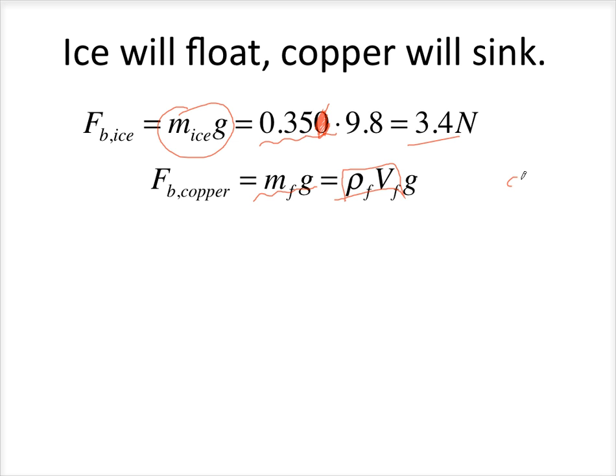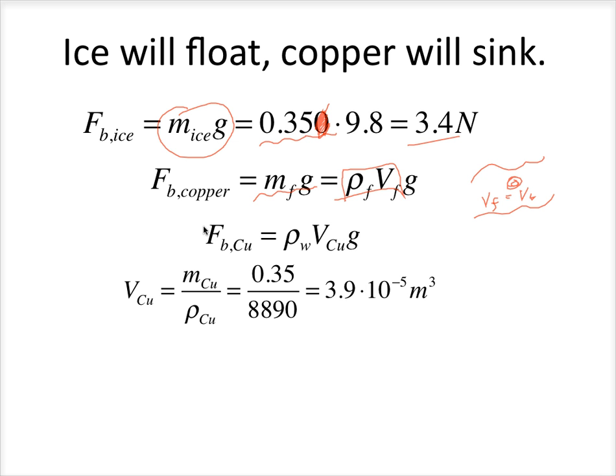The entire thing is going to be in water, so the volume of the fluid equals the volume of the object. So the buoyant force on copper is the density of water times the volume of copper times g.